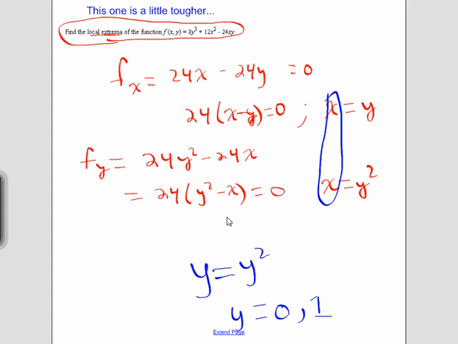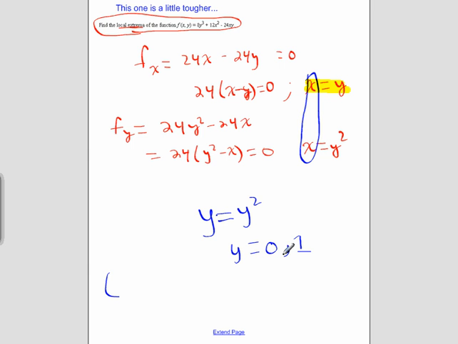We also know that x equals y. So the critical points that we have are, when y equals 0, x must also be 0. And if we plug that into my formula, z is 0. And then when y equals 1, x must also be 1. So 1, 1, and then plugging into this formula, we get -4.